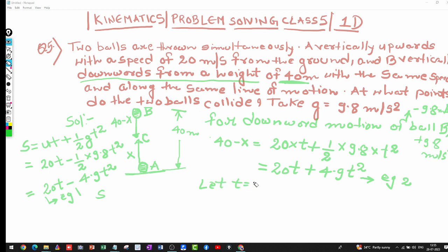You have to find time. Simply add equation number 1 and equation number 2. So you will get 40 equal to 40t, right? After adding, so t equal to 1 second.